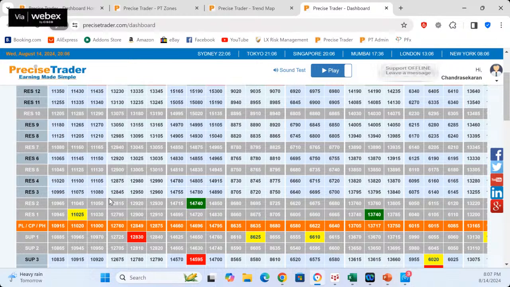The pairs we are going to trade are mainly euro dollar, dollar yen, dollar Swiss, pound, and gold. Of course, on gold the spike can be pretty nasty on either end. Unless you are putting a wider stop loss, I suggest you stay on the sideline on gold and just concentrate on the four.